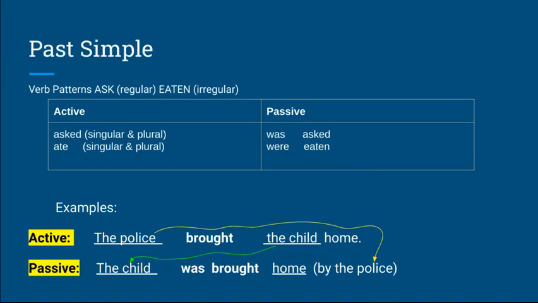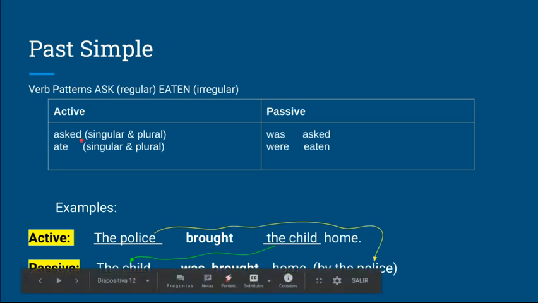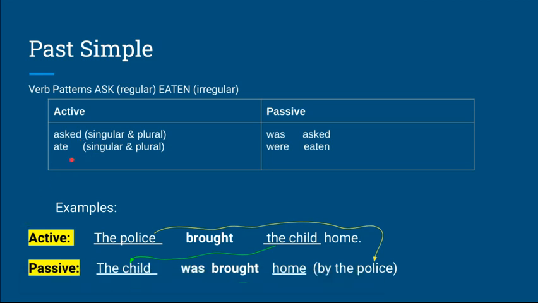The past simple. Let's remember that past simple is asked, singular and plural, and ate, singular and plural, in the case of affirmative. Passive: was asked and were eaten in plural.